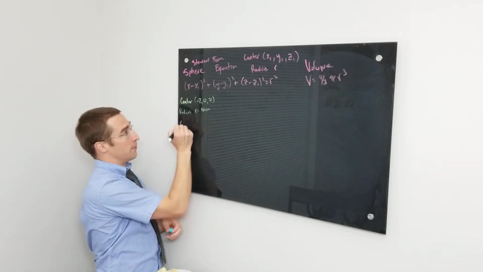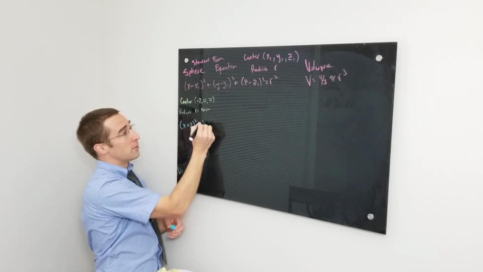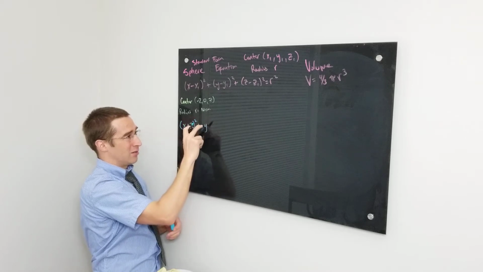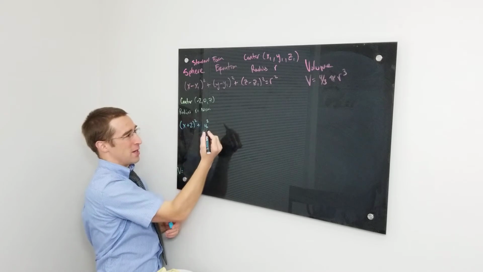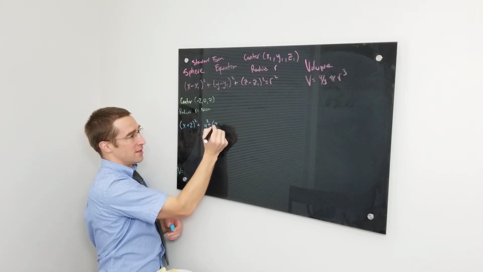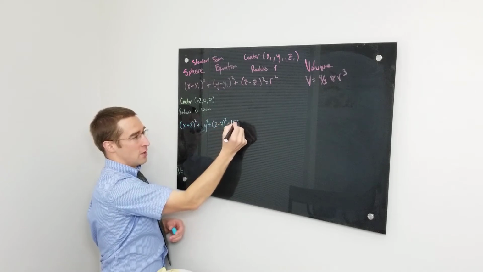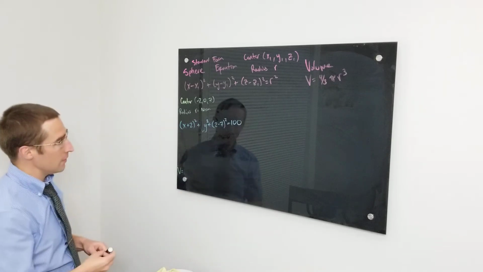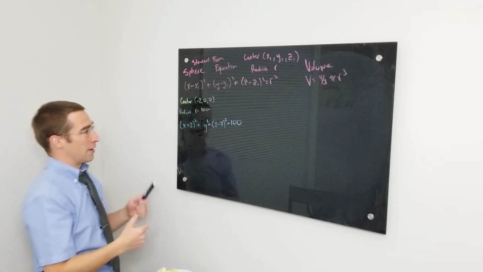So we just go x minus negative 2 is going to be a plus 2 squared, plus y minus 0. Y minus 0 is y. So why do I need a parenthesis there? We don't. So it's plus y squared plus z minus 7 squared equals r squared, which is 100. Fantastic. All right, so that's our equation. Now we have to find the volume.